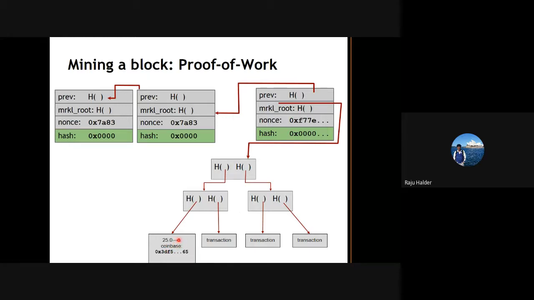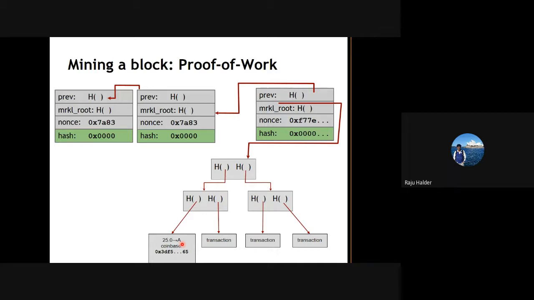In this new transaction, the miner can mention to give himself a reward, and this reward amount is very high. Initially, it was 50 Bitcoin in 2009. After 4 years, it became 25. After 4 years, it became 12.5, and now it is 6.75.